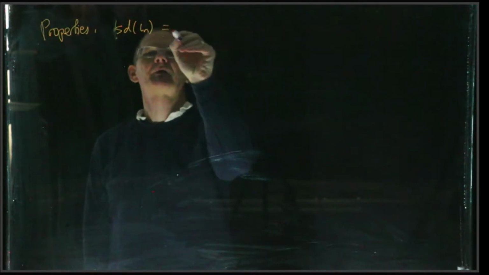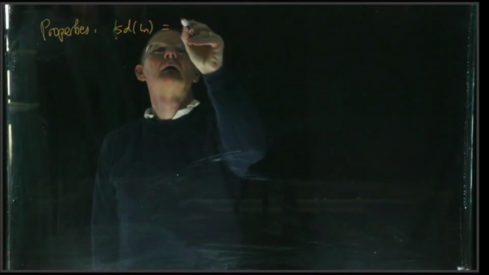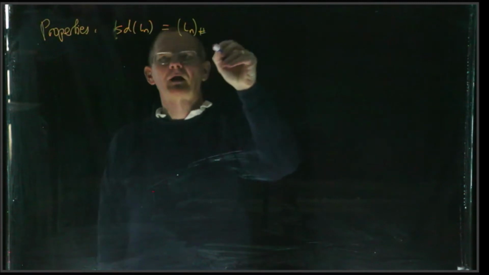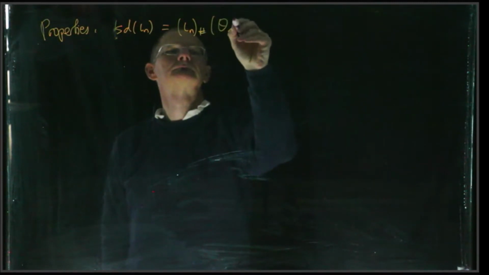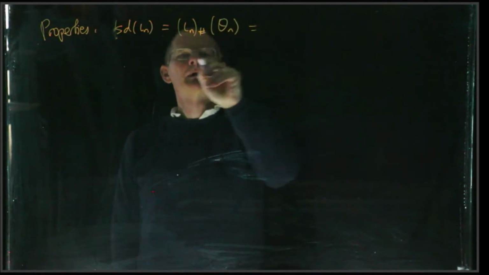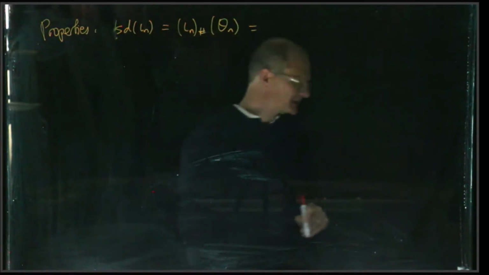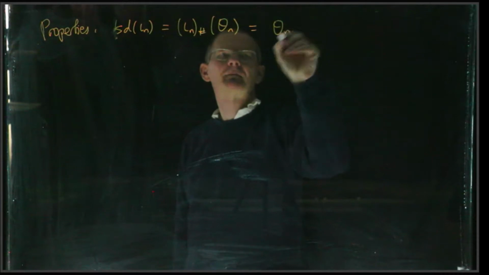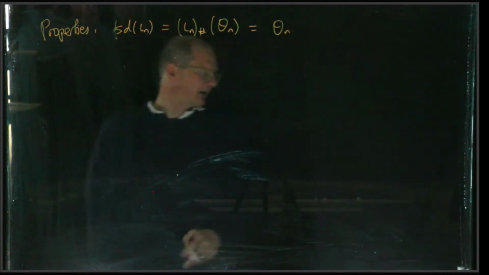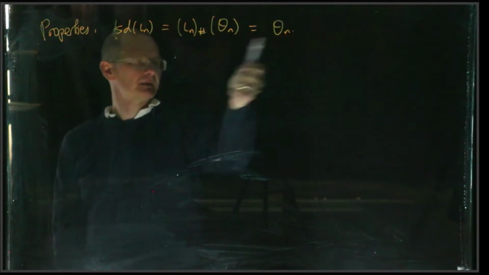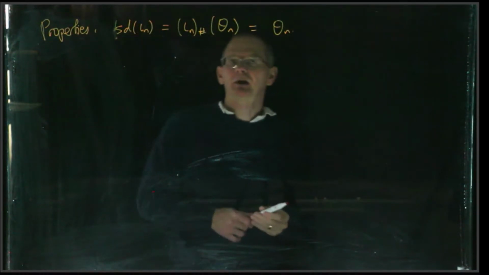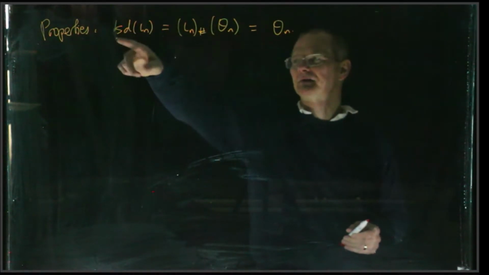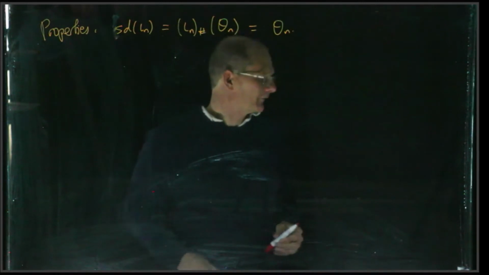Well, remember ι_n is just the name for the identity map on Δ^n. So here we're just applying the identity map to θ_n, but that doesn't do anything, of course, so that gives you θ_n. So we define subdivision in terms of θ, but equally we can define θ in terms of subdivision. That turns out to be useful.